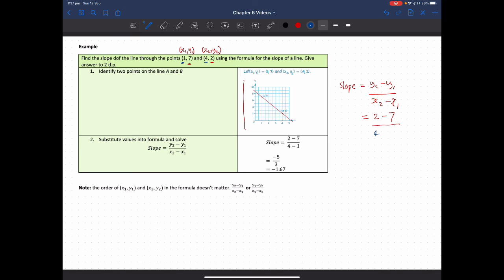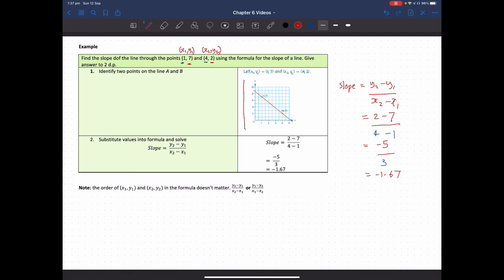So 4 minus 1. This gives me 2 minus 7, which is negative 5, over 4 minus 1, which is 3. We're asked to write this to 2 decimal places. That would be negative 1.67.